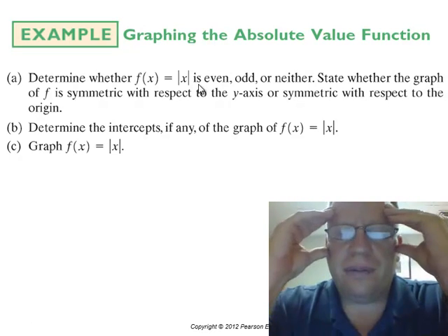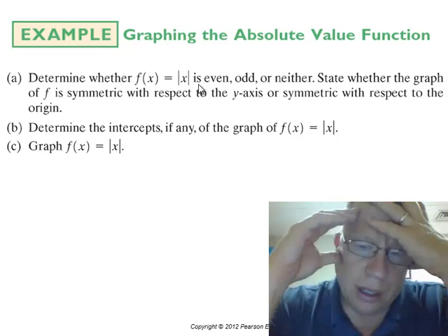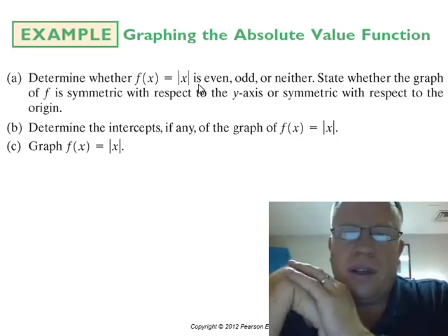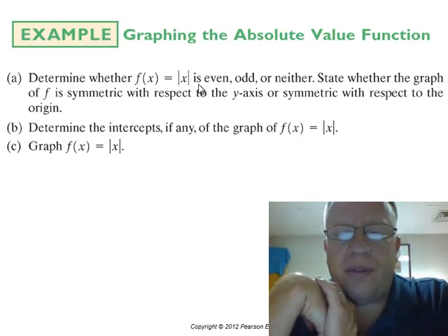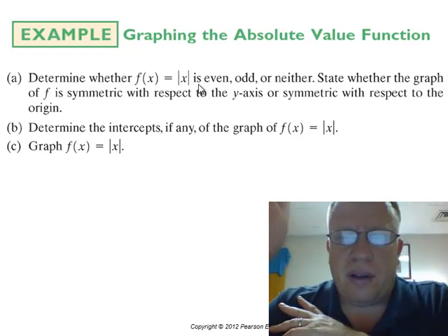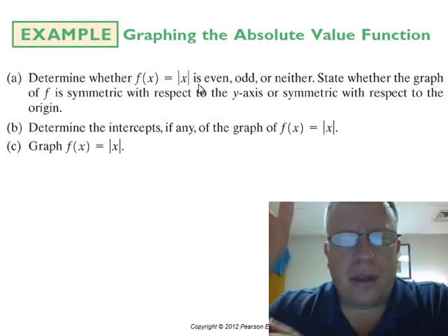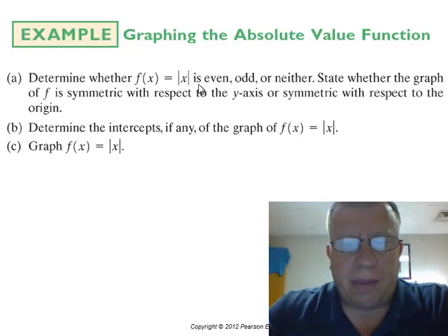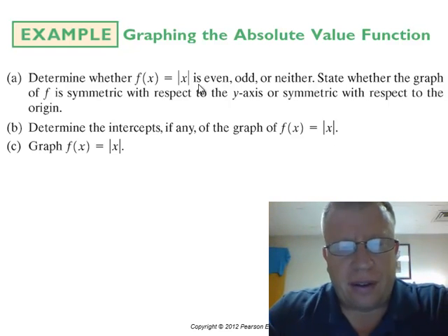Well, again, all you have to do is replace x by negative x. See what you get. Now, what's the absolute value of negative x? That's the same thing as the absolute value of negative 1 times x. And of course, you know that the absolute value of negative 1 is 1, giving you just the absolute value of x. So f of negative x is f of x. That means that the function is even.